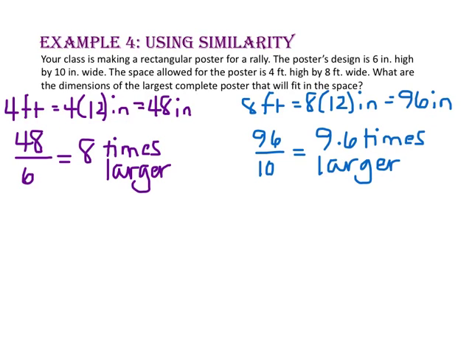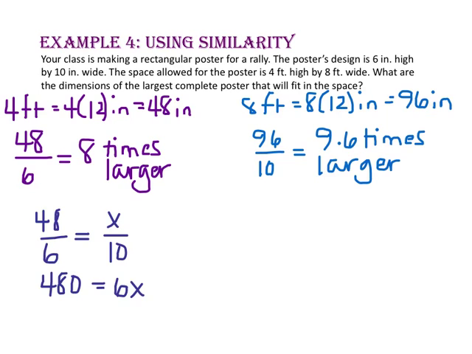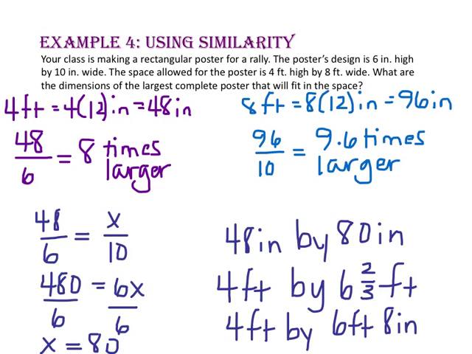Now we'll write a proportion using this ratio and our design's width to find the width of our large poster. Using cross products property, we will get 480 equals 6x, divide both sides by 6, and x equals 80. So the largest complete poster that will fit in our space is 48 inches by 80 inches, or 4 feet by 6 2/3 feet, which converts to 6 feet 8 inches.